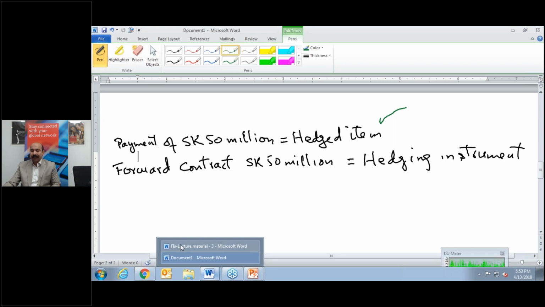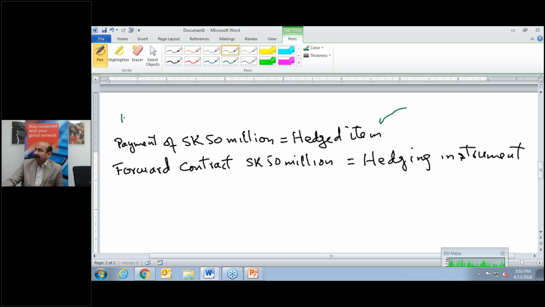But right now, when we are talking about 1st June 2013, on this date we know that we will have to pay this much amount on 1st December 2013, and this amount is not a part of our accounting record, because we have not received that property, plant and equipment.